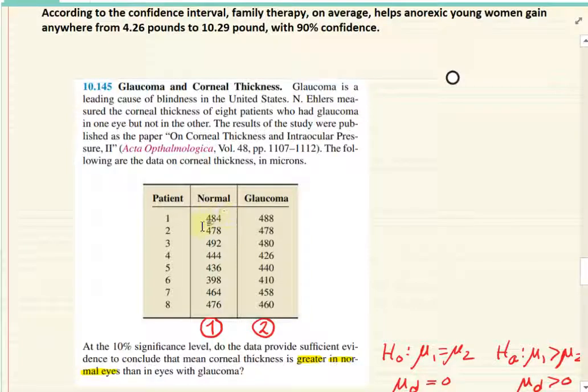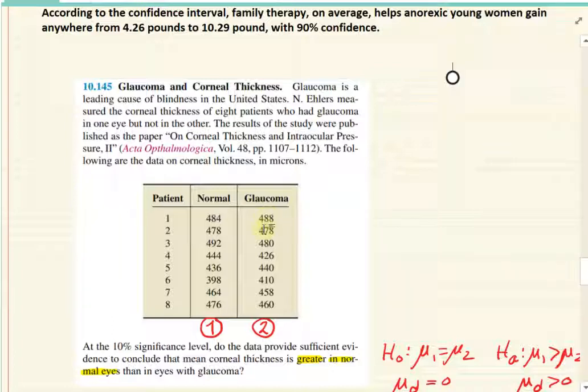So look at the corneal thickness in the normal eye for patient number 1, and look at the eye with glaucoma. The difference is 8. So the eye with glaucoma actually is thicker by 4 microns. That's 4 times 10 to the negative 6 power, which is not much of a difference.